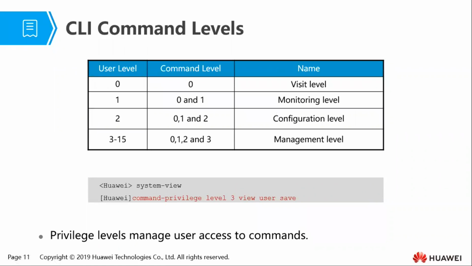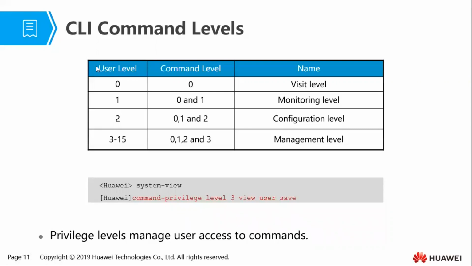So in order to enhance the security of your devices, VRP commands are divided into what we call different user levels and command levels in order to ensure that you have security.